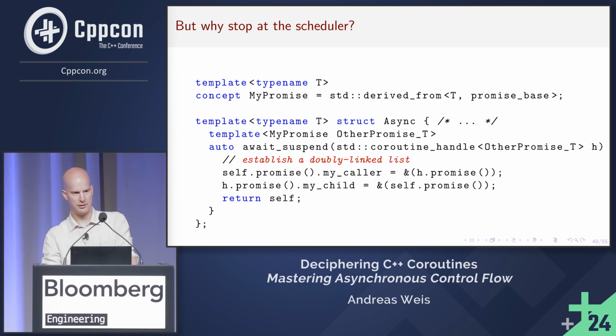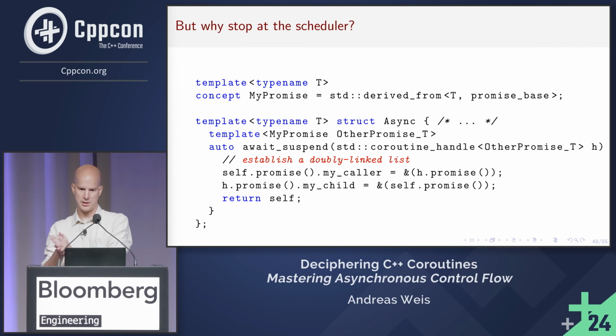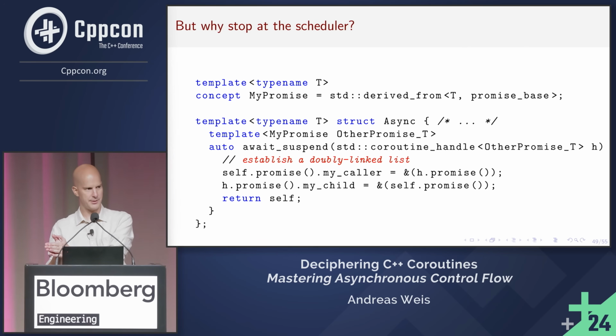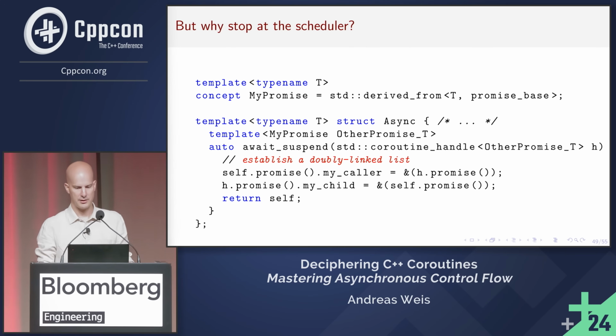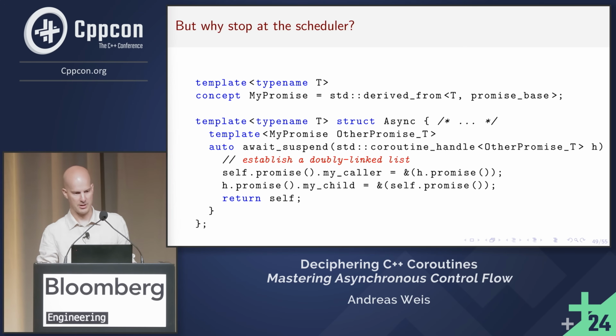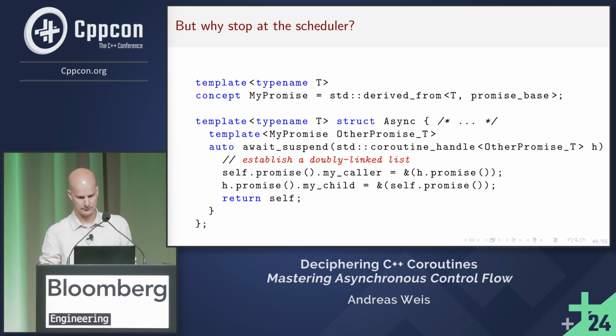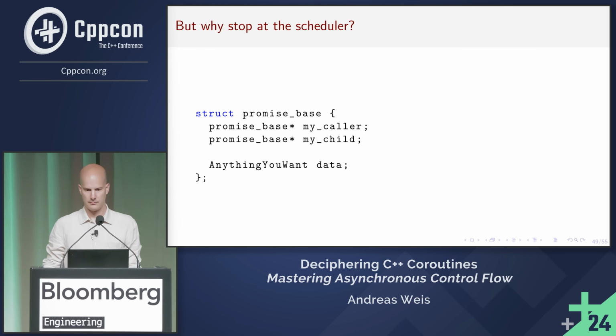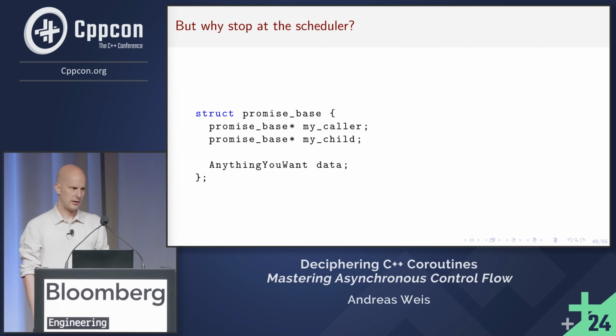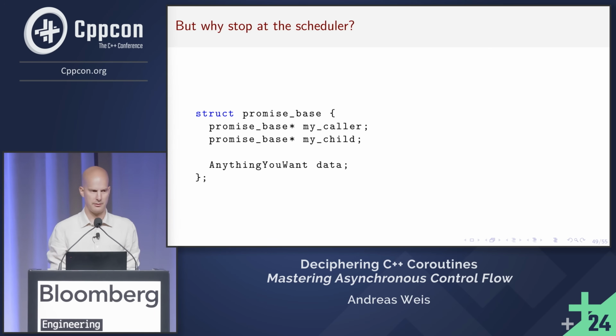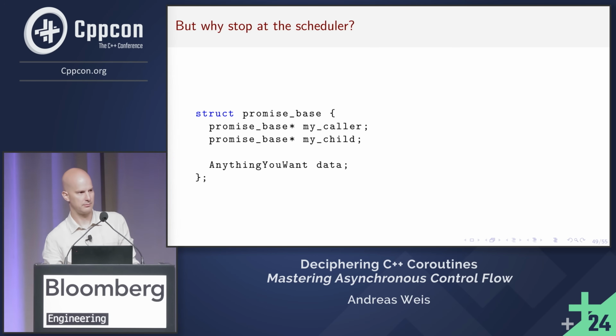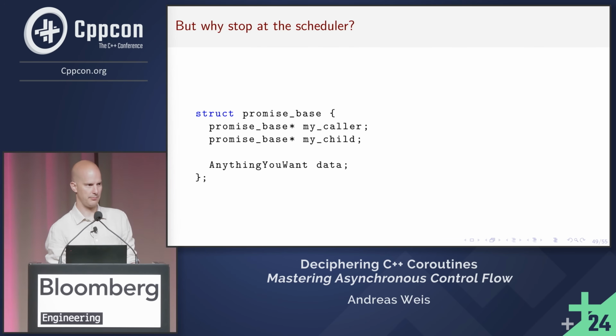I establish a doubly linked list where I always know what is the promise base of my caller and what is the promise base of my child. And now I can put anything I want into the promise base. Any additional data that I want to propagate, I can just put it there.